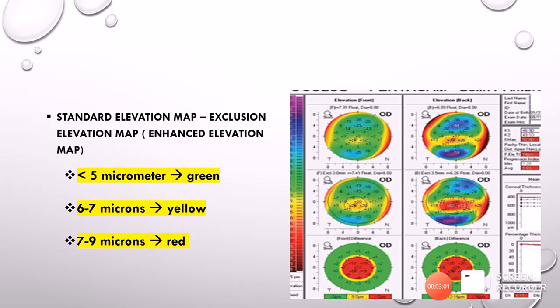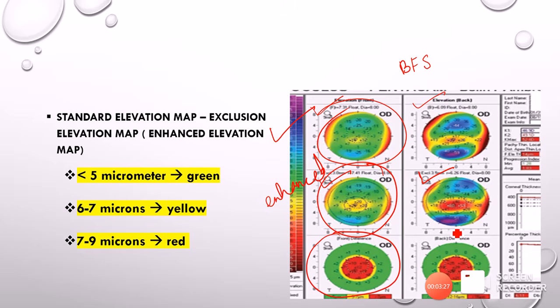Initially we had elevation maps calculated for the anterior and posterior surfaces using the best fit sphere. Then we eliminated the ectatic areas and calculated a new one. These are the new maps we got through the enhanced best fit sphere, and we subtract the first maps from the second maps to get a difference map like this on the BAD display.